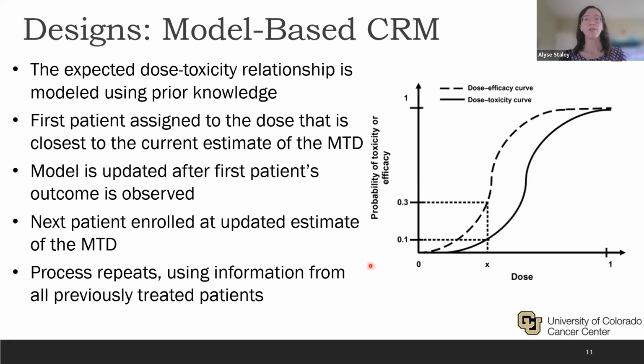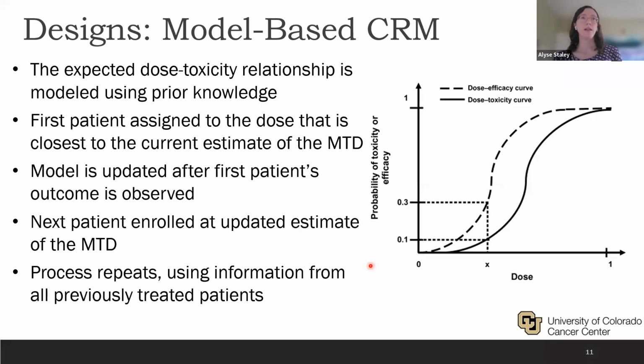The CRM works by first using a statistical model to model the dose toxicity relationship based on prior knowledge. The first patient is then assigned to the dose that is close to the current estimate of the MTD based on the model.